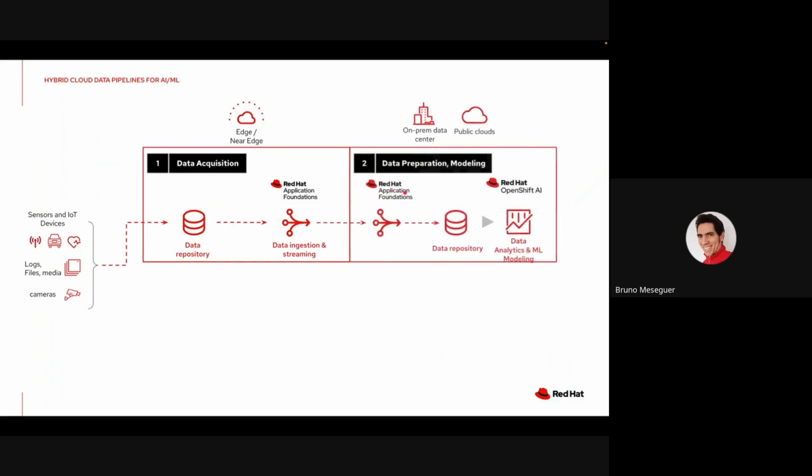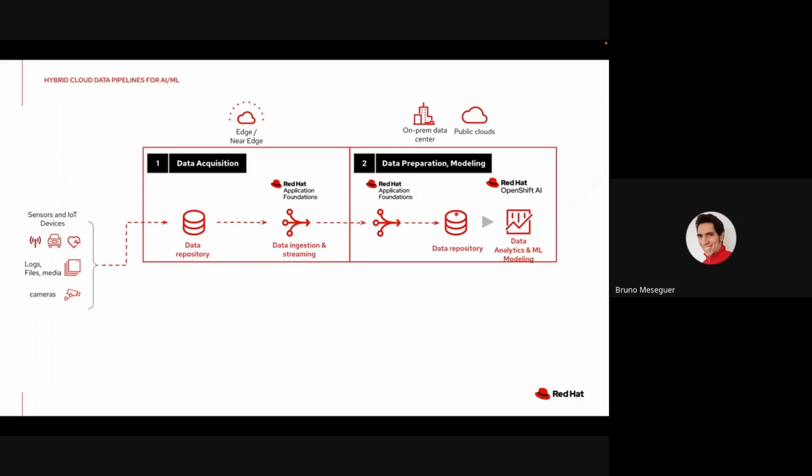Then we enter phase 2, which is called data preparation and modeling. The first thing that needs to happen is a team of data scientists is going to design and implement all the processes that meet the requirements and produce the implementation for generating models for the shopper.